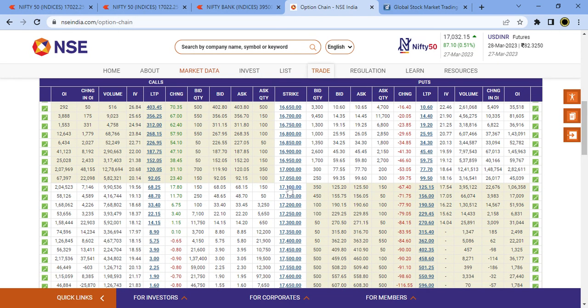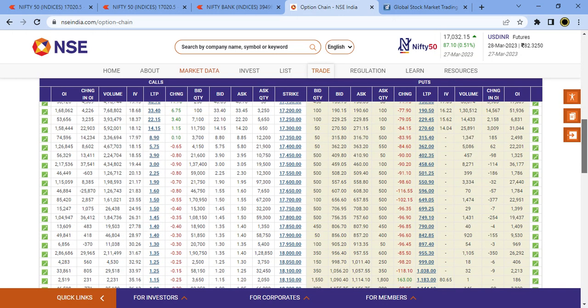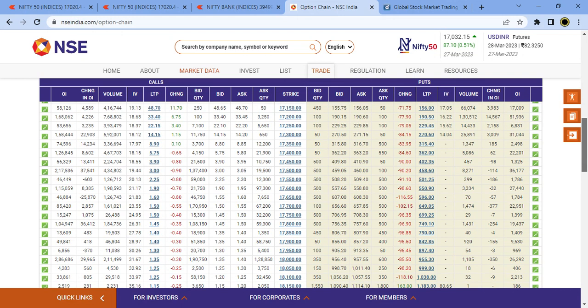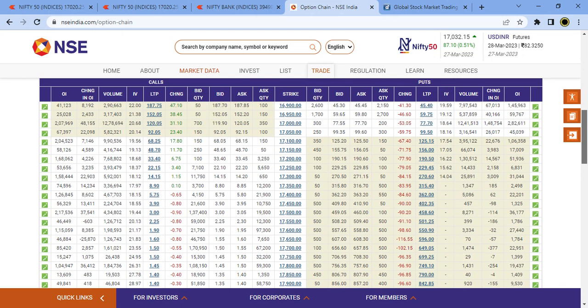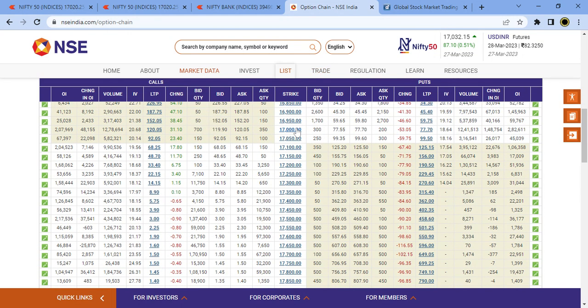And let's look at where the calls are maximum. 17.5, 2 lakh 17. So Nifty 50 is also in neutral, maybe. But if you look at the 17,000 levels, we are seeing both put options and call options written aggressively.